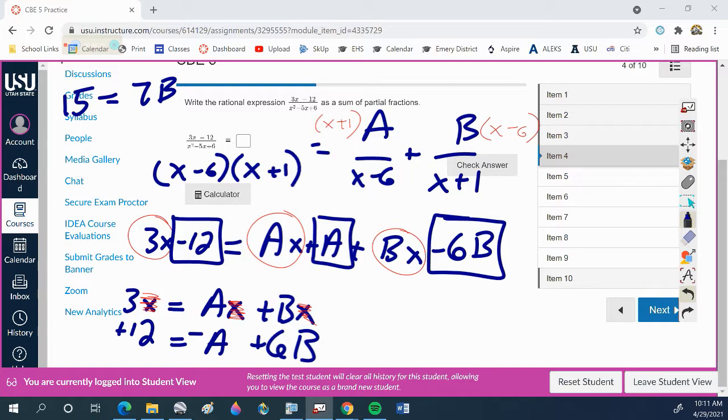Okay, so this is from there. And then on the other side, I took x plus 1 and times it by a, and I got ax plus a. And then on the other side, I took the b and times it by the x minus 6, which gave me bx minus 6b. So then I filtered out the x terms, 3 equals a plus b, and I filtered out the non-x terms, negative 12 equals a minus 6b.